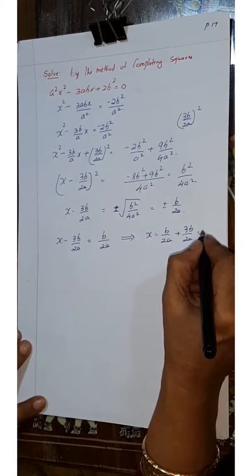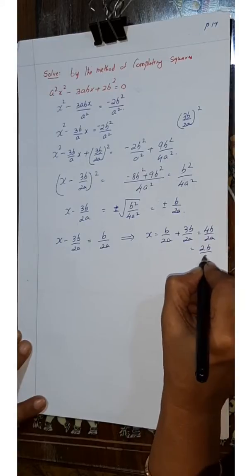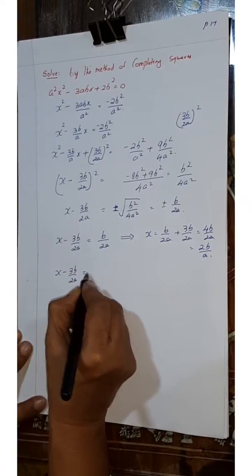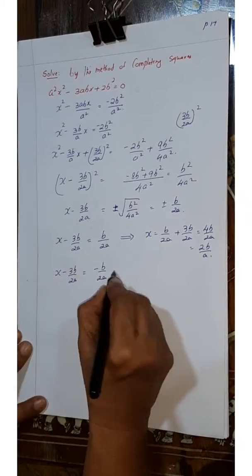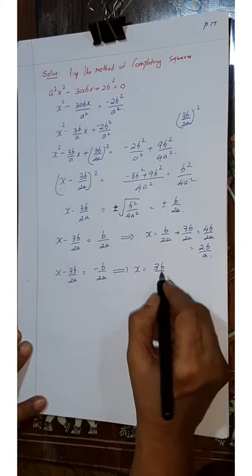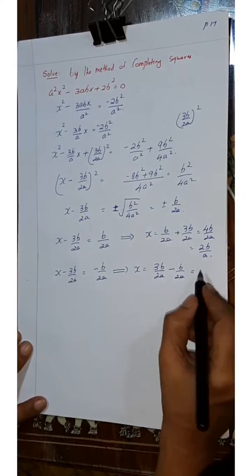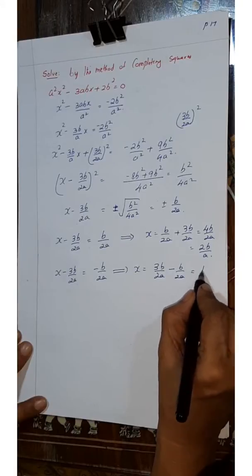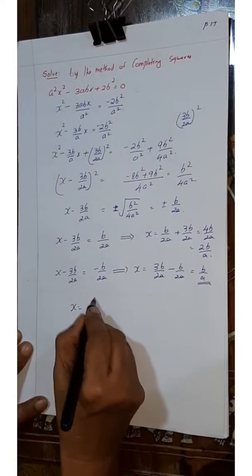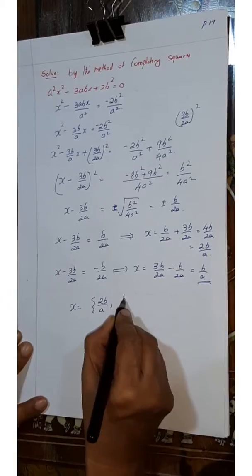So it will become 4b by 2a, that is equal to 2b by a. Now equating x minus 3b by 2a is equal to minus b by 2a, we get x is equal to 3b by 2a minus b by 2a. So 2b by 2a is b by a. So the values are 2b by a and b by a.